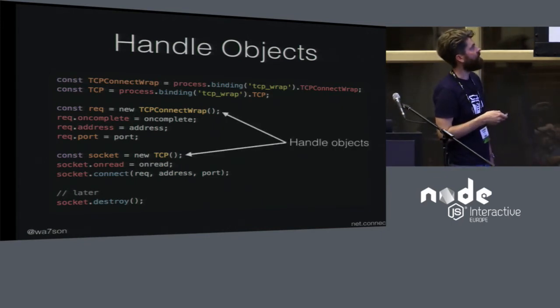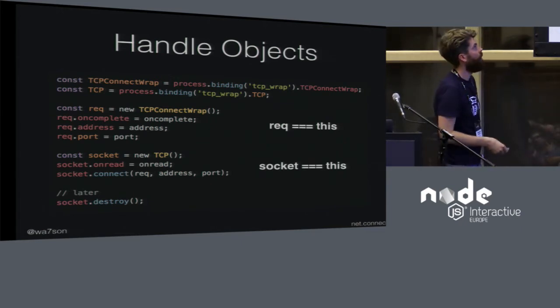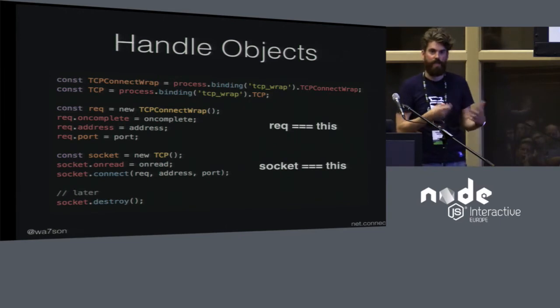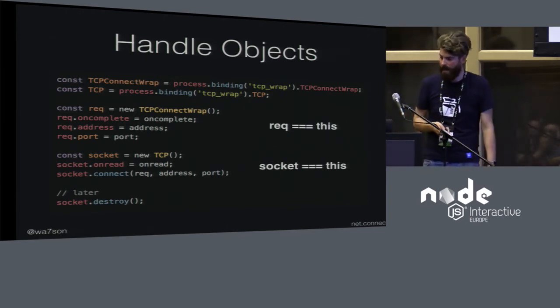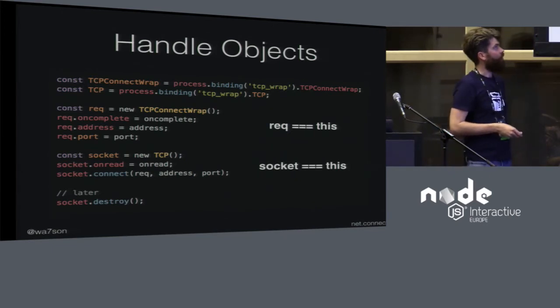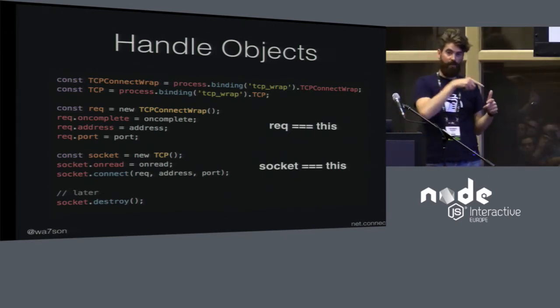So these are the handle objects, and that is basically your this property inside each of the 4 hooks. So you can get access to the port or the address of the TCP connection if you want to use that for some debugging. And then at some point later it will call destroy on the socket, and that's when the destroy hook is actually called.